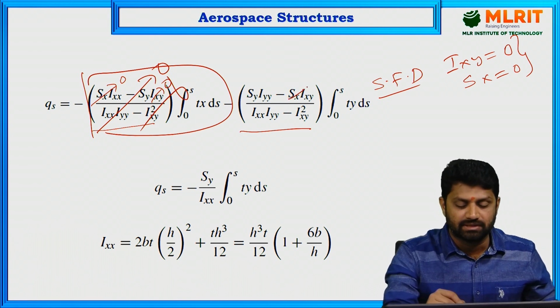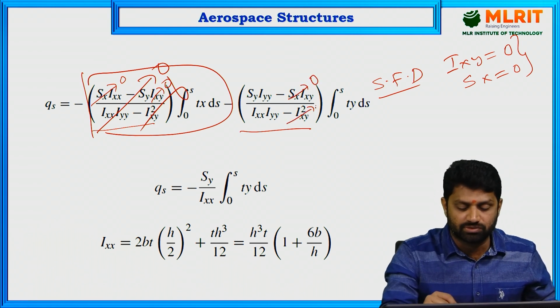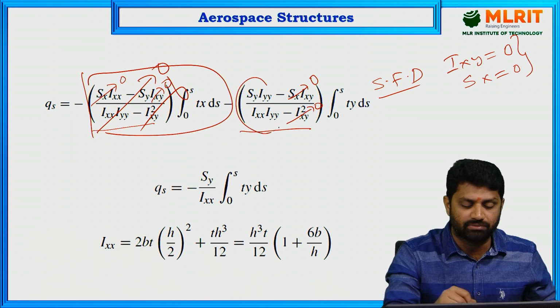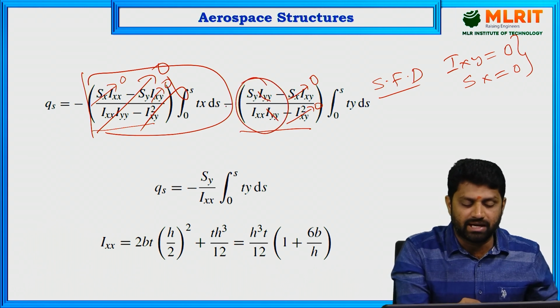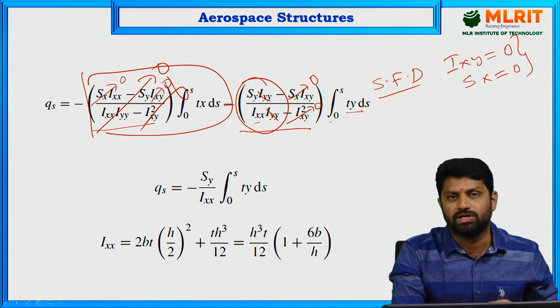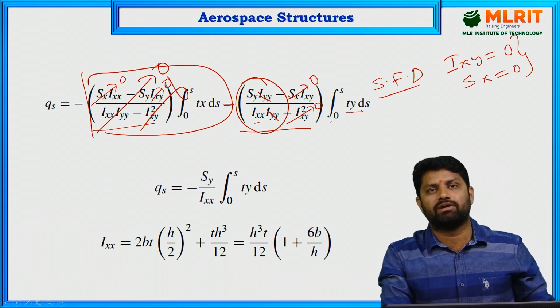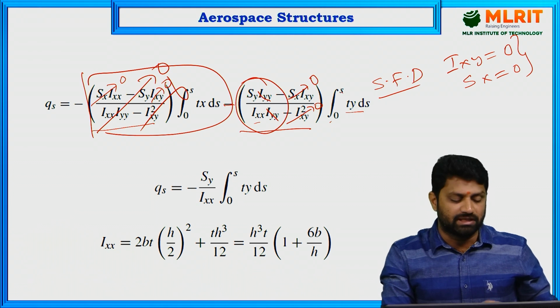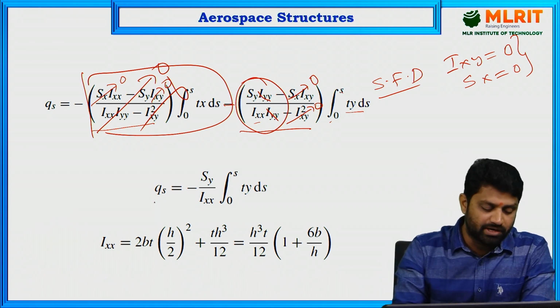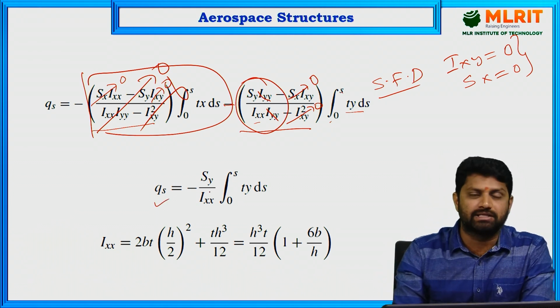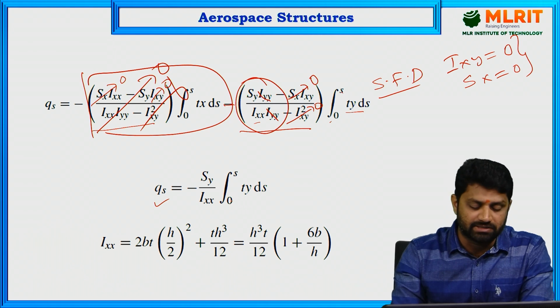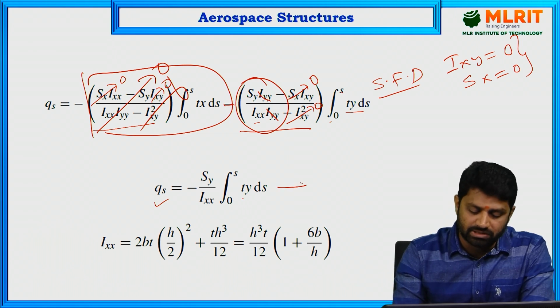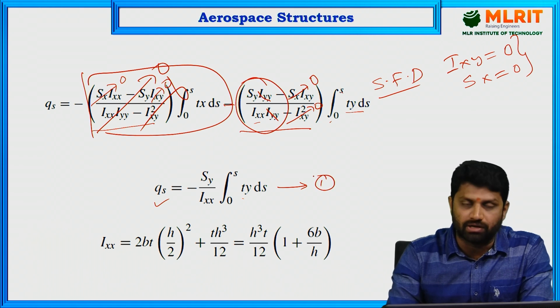In the second term, Iyy gets cancelled, and you are left with only minus Sy by Ixx, integral 0 to s of t y ds. So for problems with one axis of symmetry and Sx equal to 0, our formula reduces to Qs equals minus Sy by Ixx, integral 0 to s of t y ds. Okay, and this you have to take as equation 1.